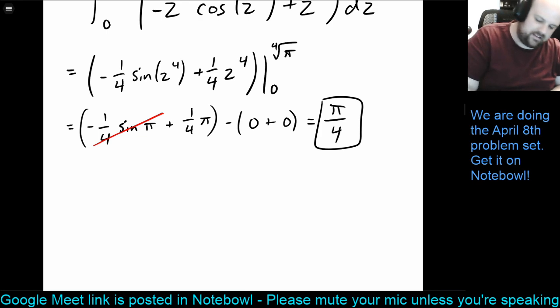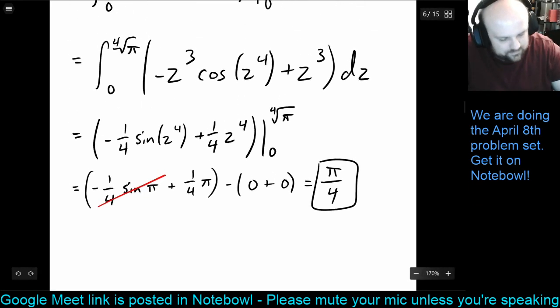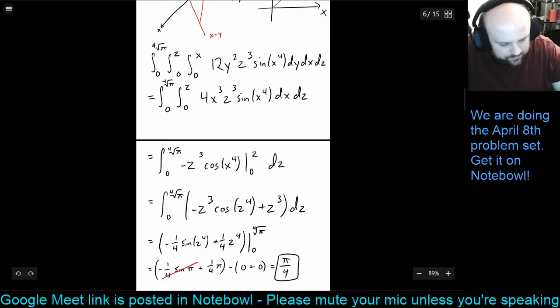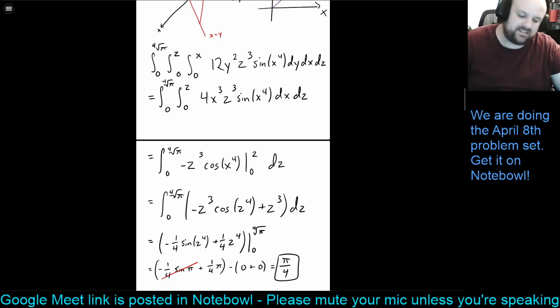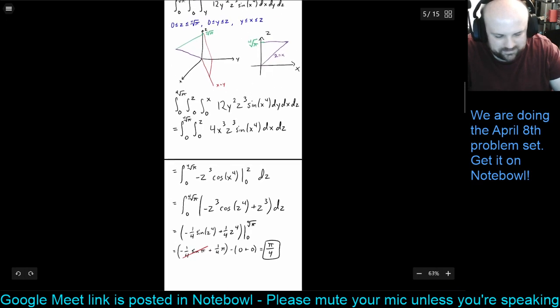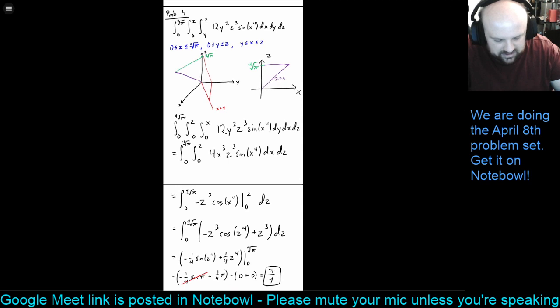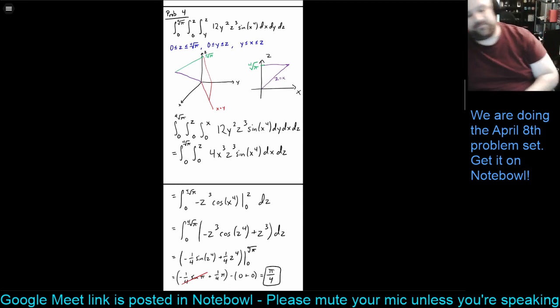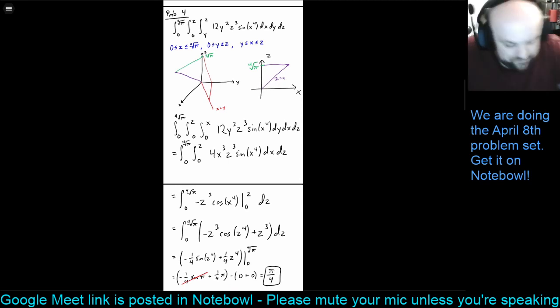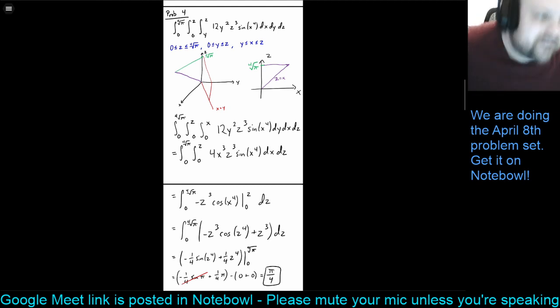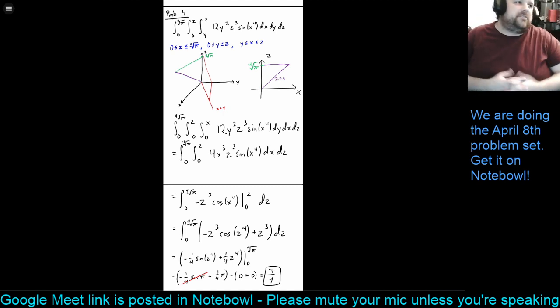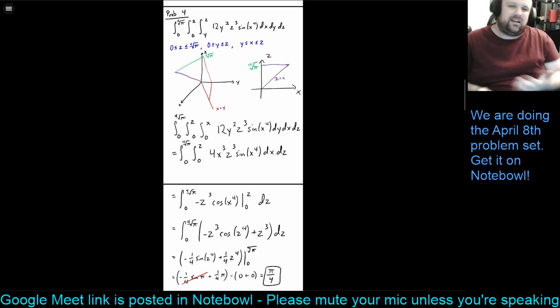Yeah, sorry about that earlier. I was thinking we are going to get something like x to the fourth cosine x to the fourth at some point. But even if we did, we could still do that with integration by parts. Yeah. So it really does come down to sometimes just trial and error.